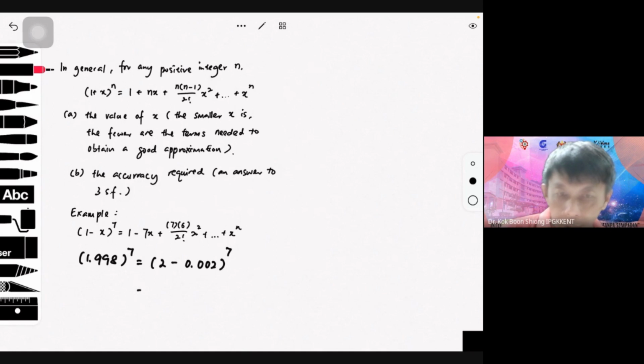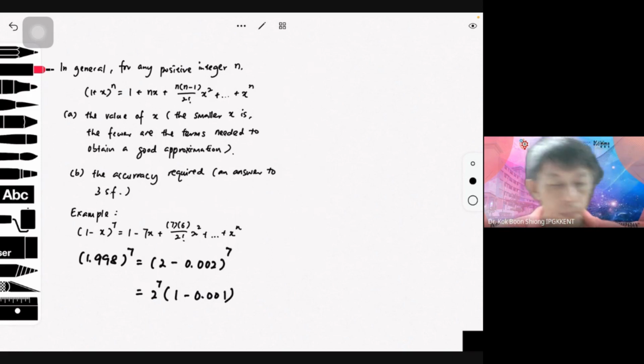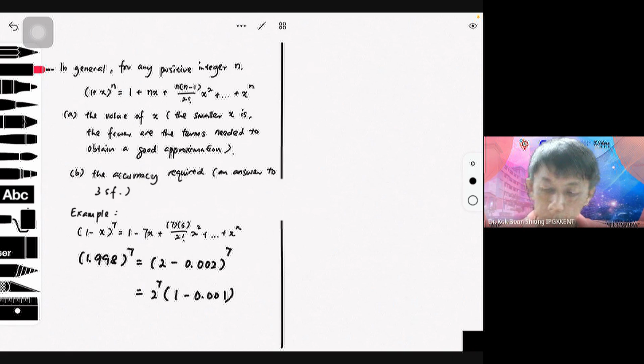Then we factor out 2 to the power of 7. So we will get 1 minus 0.001. So from here we will start doing this part.